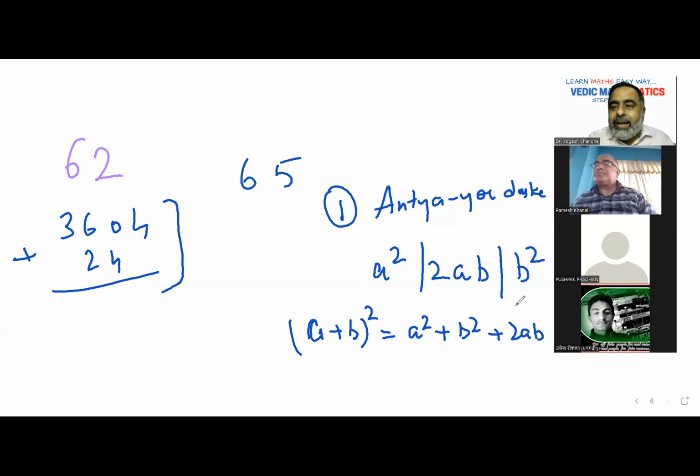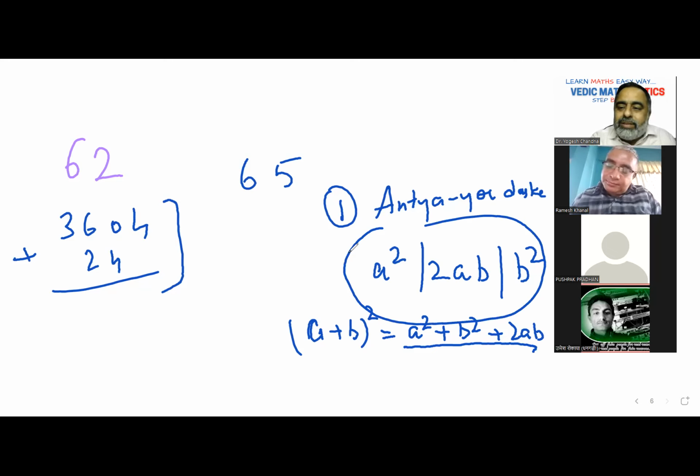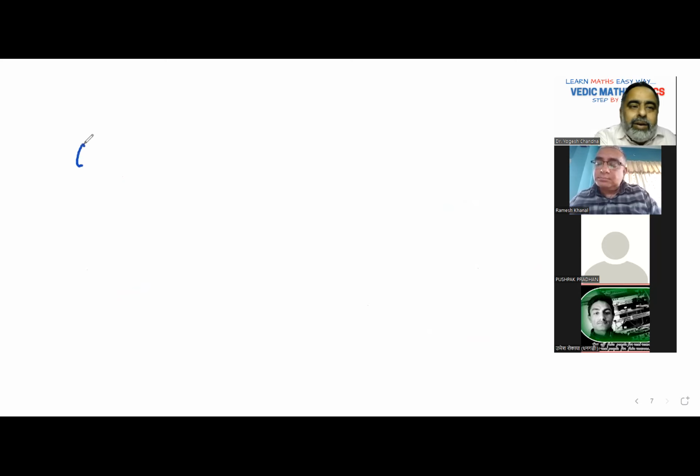Correct? Okay, how will you apply it to 65 square or 62? Now tell me. What you told earlier, a is 6 and b is 5. Okay, apply it. The format would be this. We'll come to that also. Just give me 5-10 minutes, we're coming.